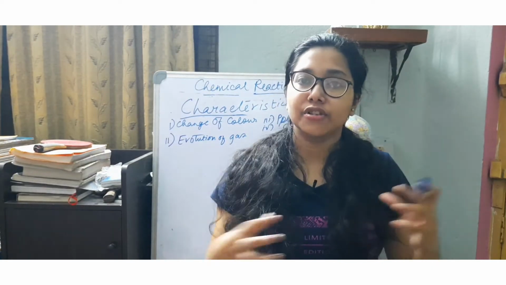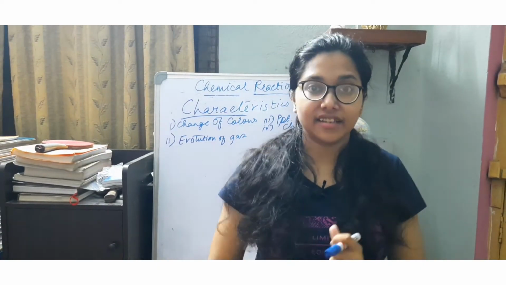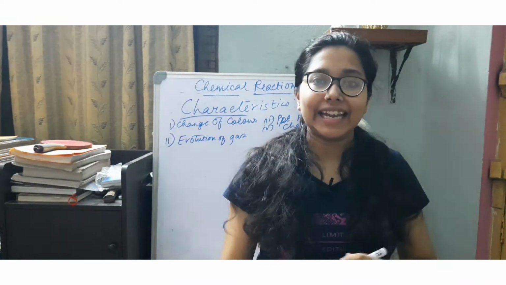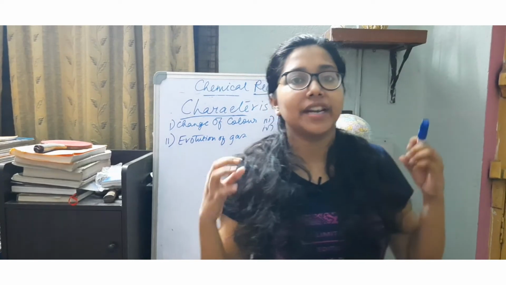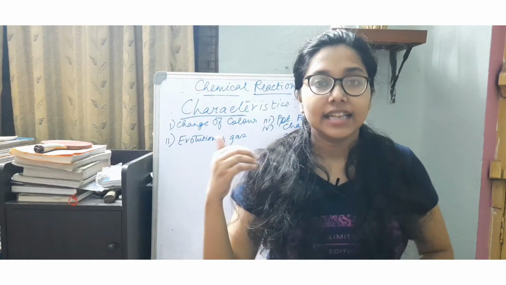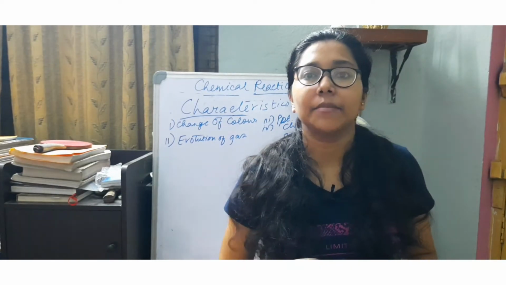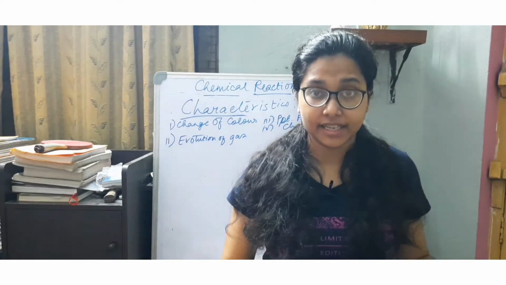Now let's talk about the characteristics of a chemical reaction. What is meant by characteristics of a chemical reaction? When I say characteristics, that means the characteristics to identify that a chemical reaction is taking place, okay.